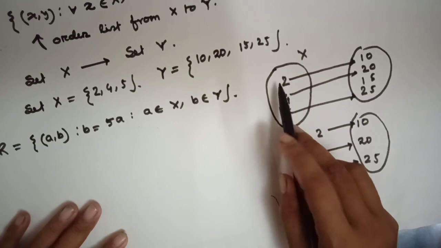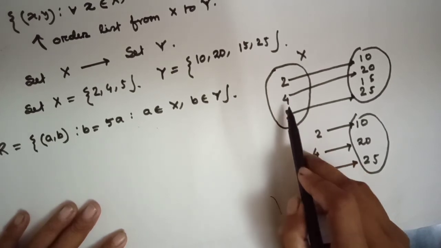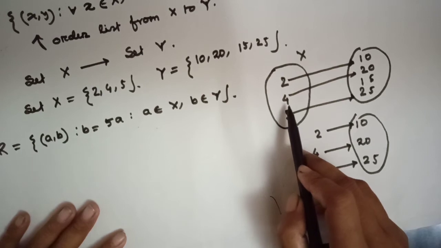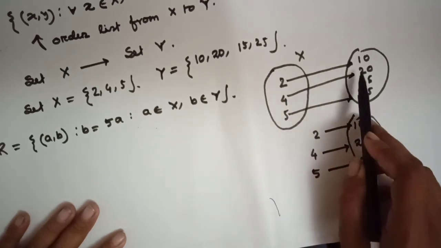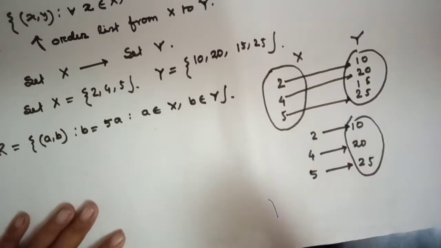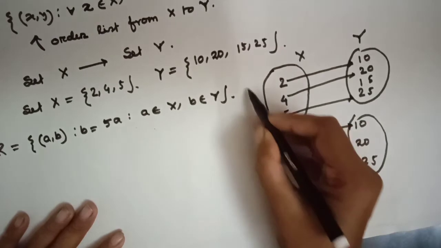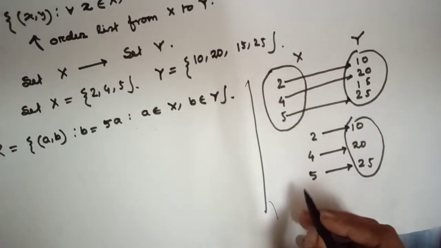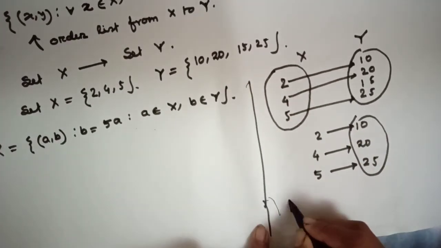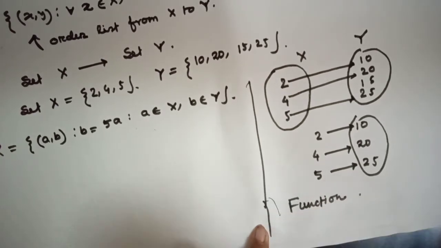Each element of X has one and only one image in the set Y. So, this is an example of a function. Okay.